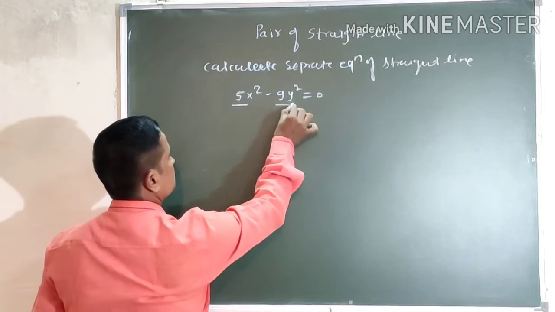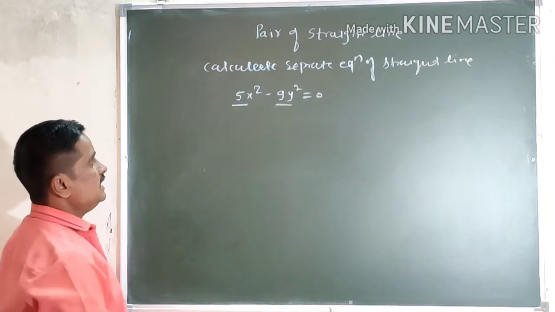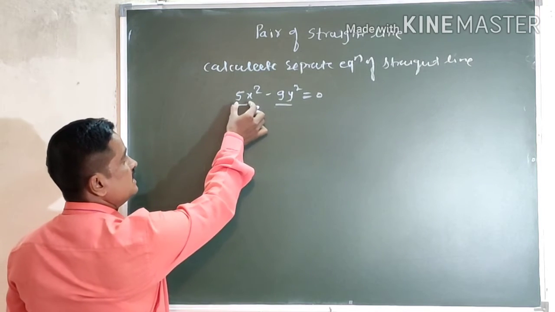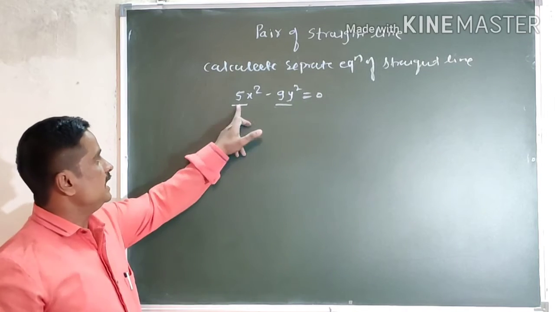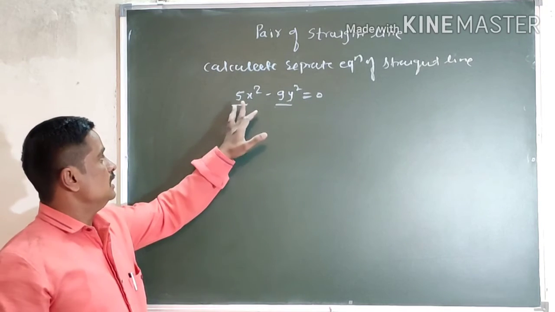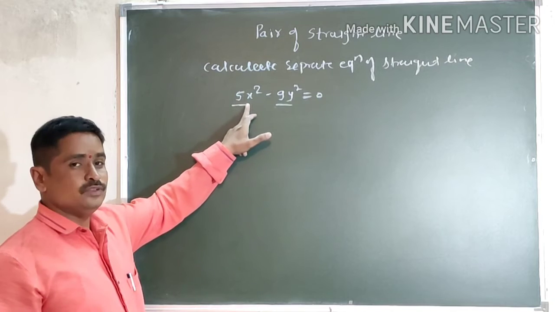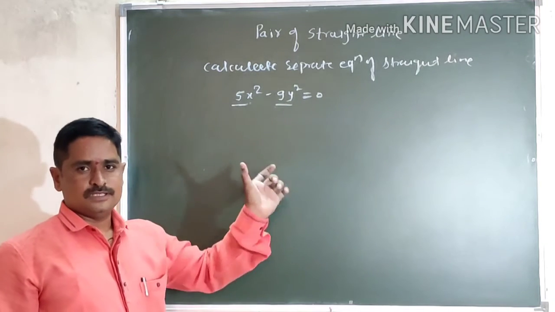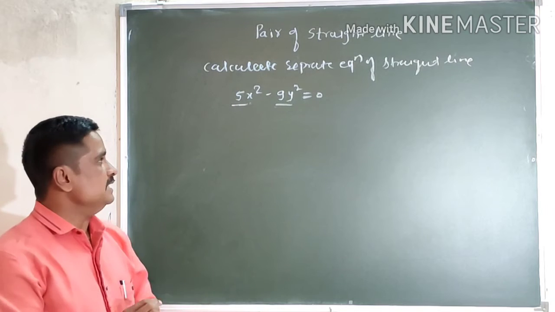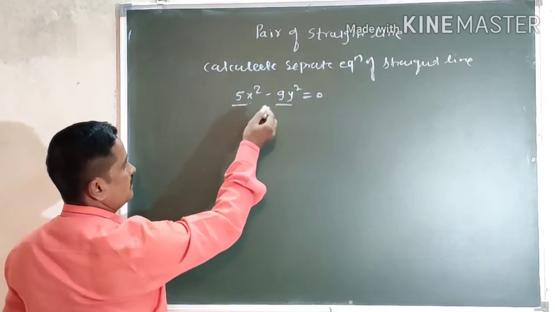In this case it is in the form a square minus b square. We cannot take a common factor, so we use the result a square minus b square equals a plus b times a minus b, which is the factorization of a square minus b square.